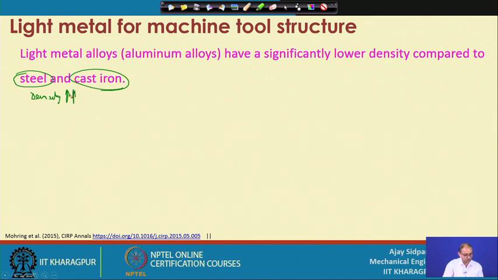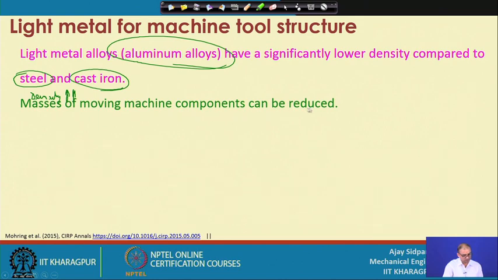So, your weight will also increase, and once the density is very high, machining is also not that easy, because ultimately you have to process it, or shape this material. So, that will also take a lot of time and energy. So, aluminum alloy is one of the choices by which you can replace some of the components of steel and cast iron, not all.